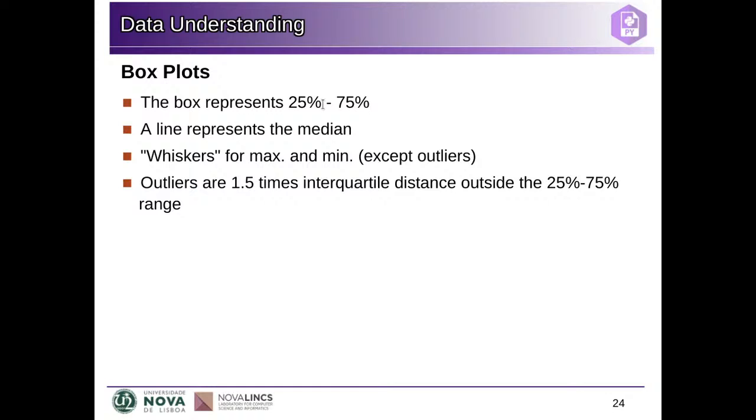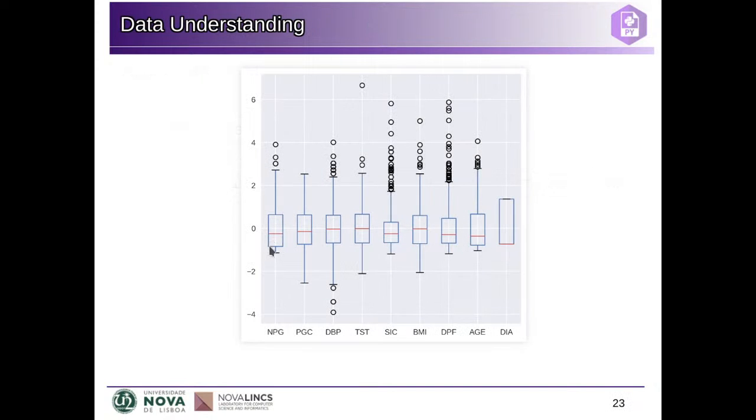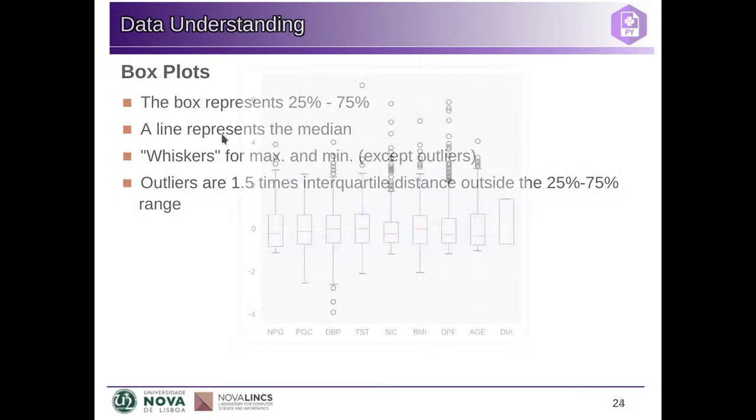So basically, the box represents the 2 intermediate quantiles from 25% to 75%. So this box here gives us the idea of where half of the points in the center of the distribution lie along this range. Then we have a line representing the median.